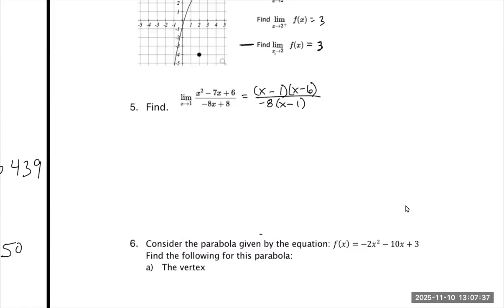So next, I noticed that there's a common factor in the numerator and denominator. We're actually dividing the numerator by x minus 1 and the denominator by x minus 1.